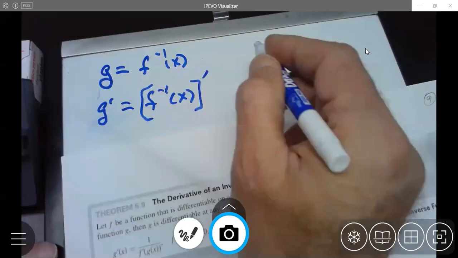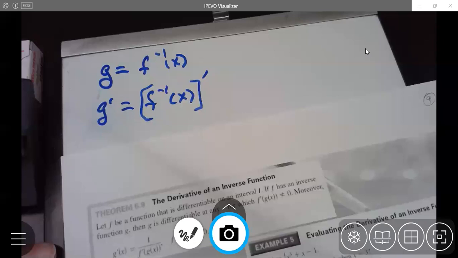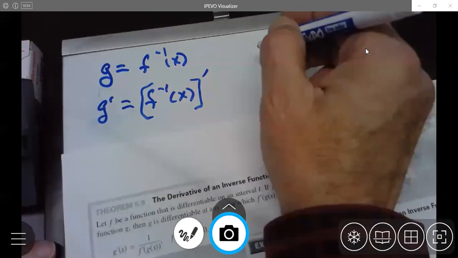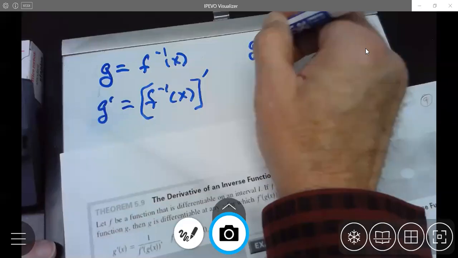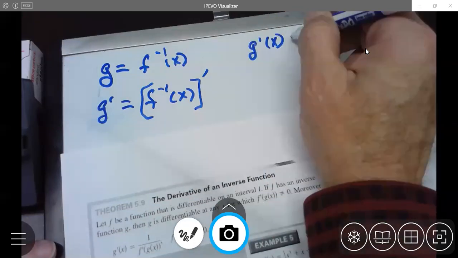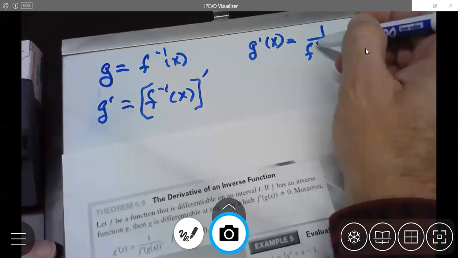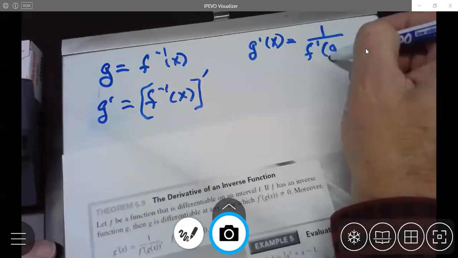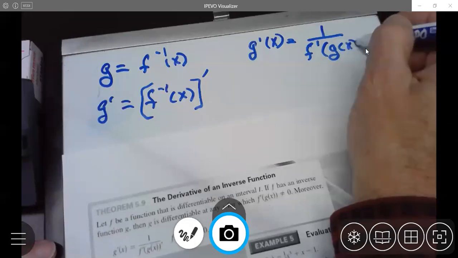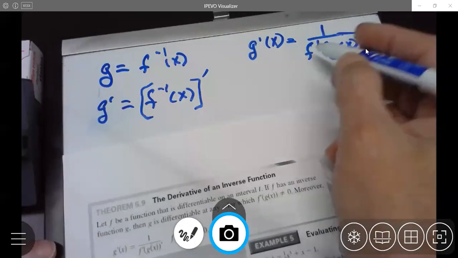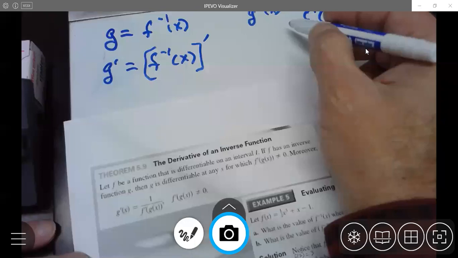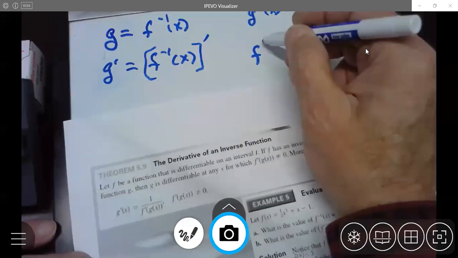So when they say that g prime, or the derivative of g, is equal to 1 over the derivative of f composed with g, what they really mean is the inverse.